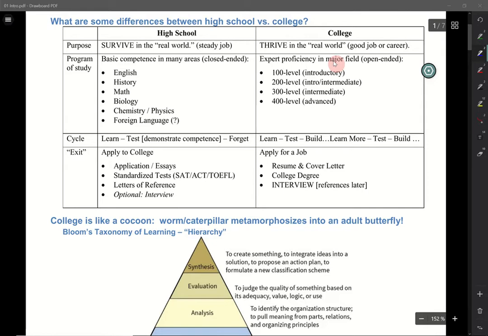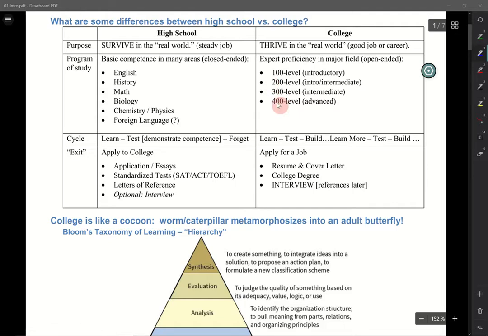When you pick a major field, there's a progression of courses. Not only do the courses get harder, but they assume that you know knowledge from the lower level courses. For example, if you take a 300 level course, that assumes that you are familiar with most, if not all, of the 200 level material.